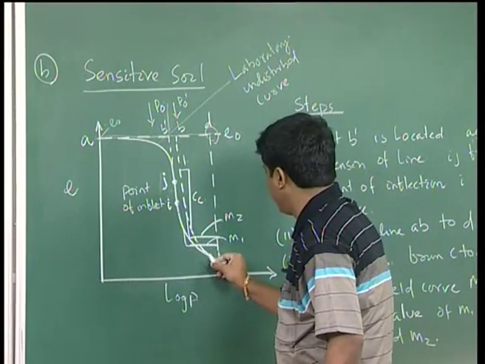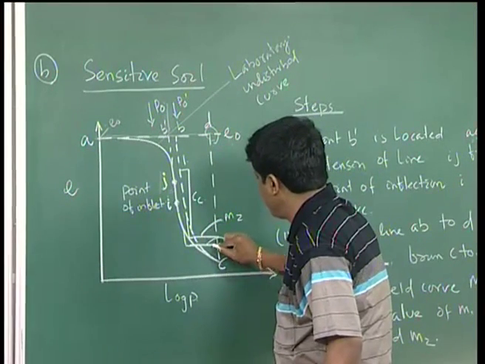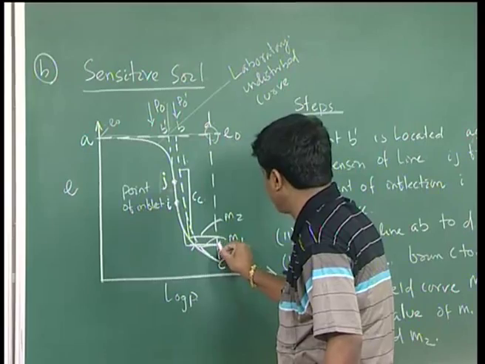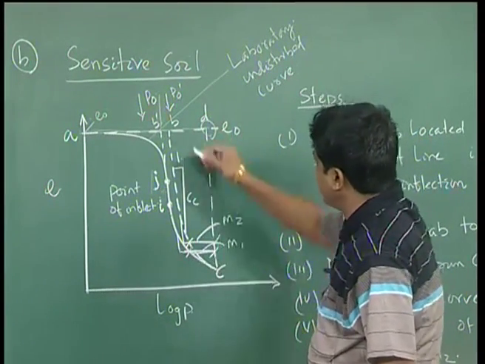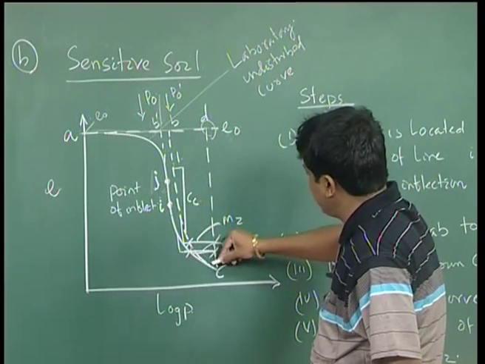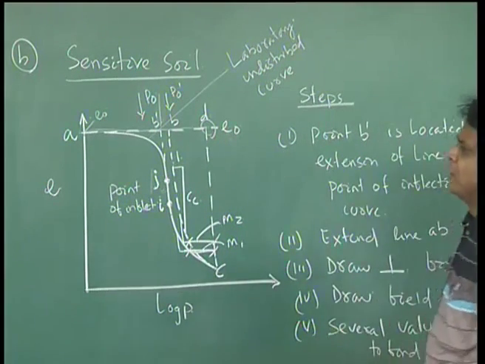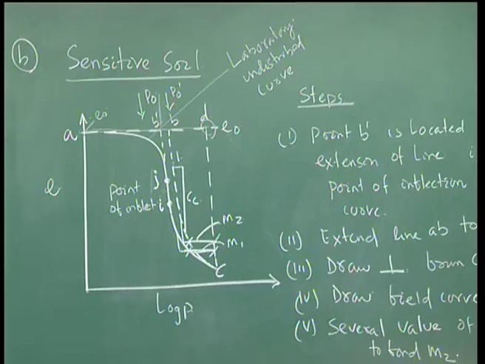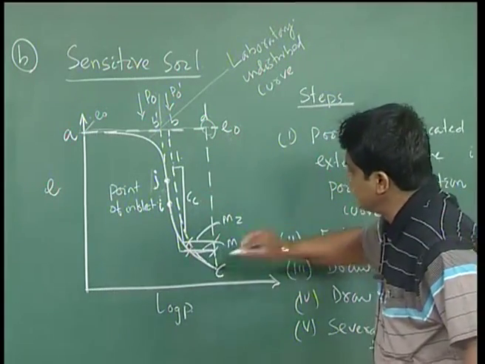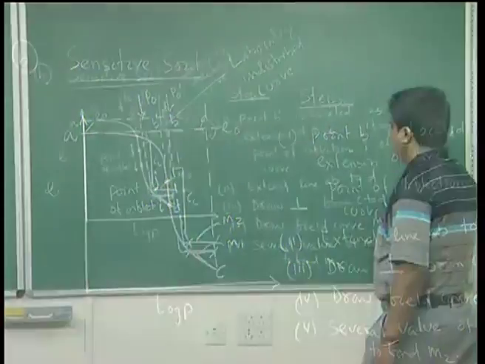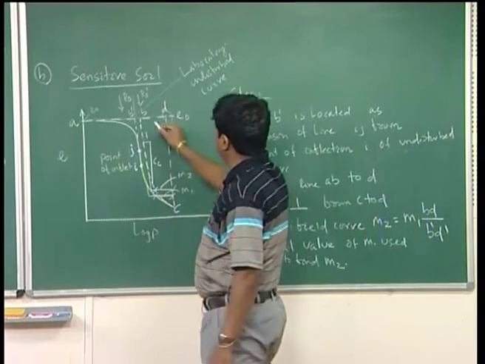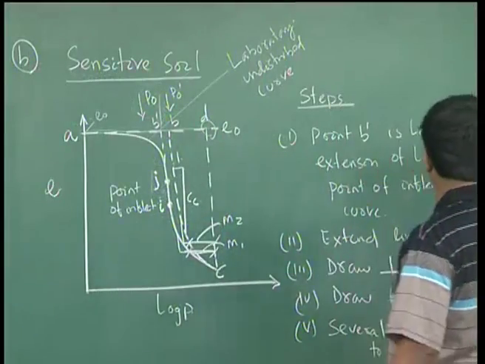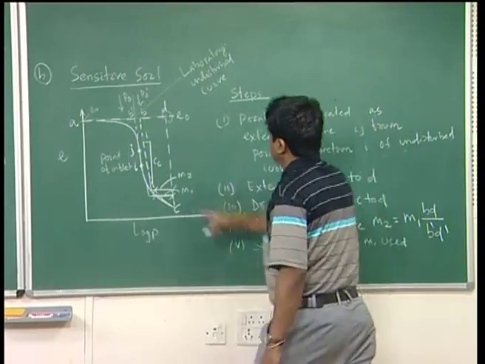M1 is here to here, M2 is here to here. That means this dotted line is my corrected virgin curve, and this is your M1, meaning this is your laboratory curve. So, M2 you can find out as M1 into BD by B prime D prime.